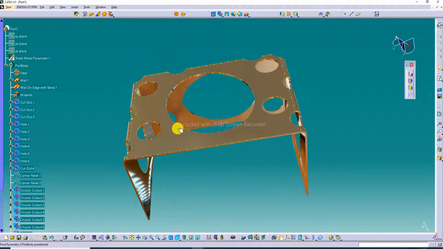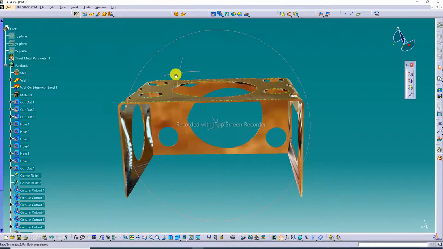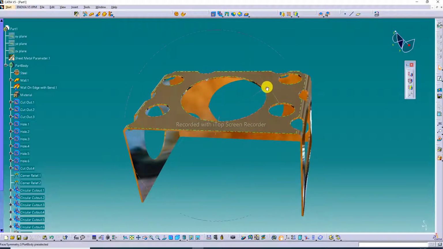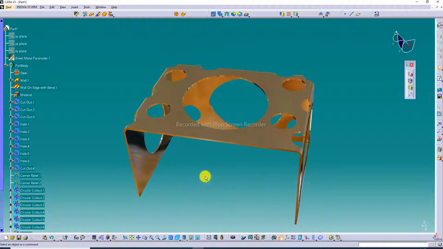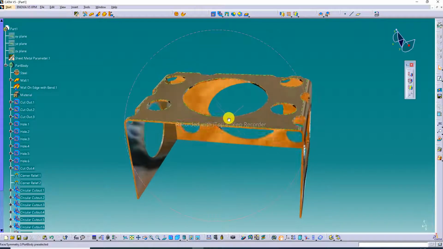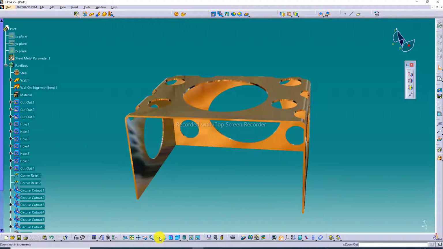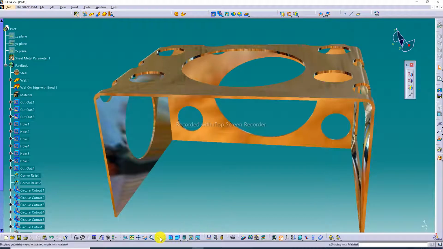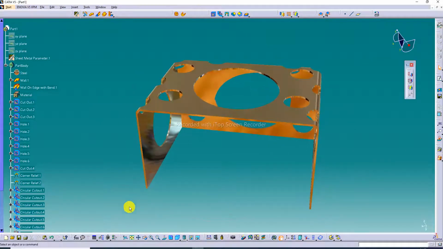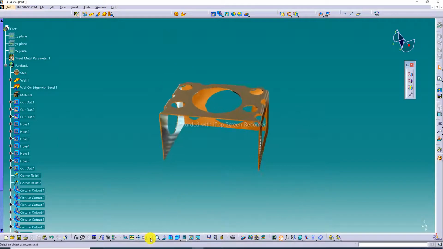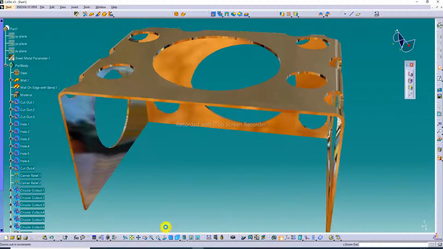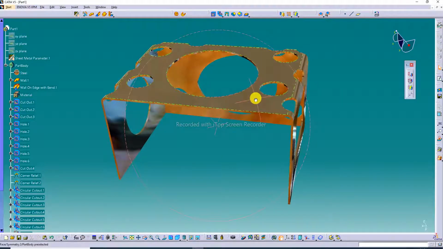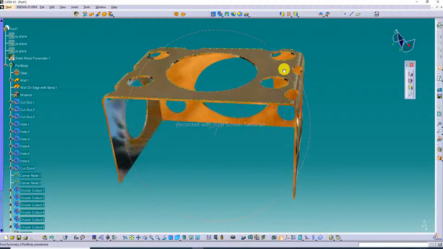This is correct. This is perfect, the body is correct.